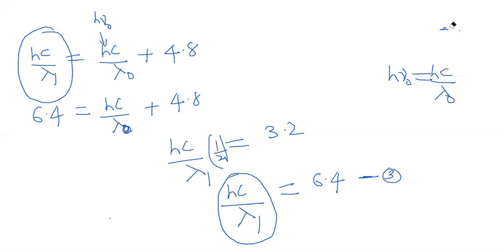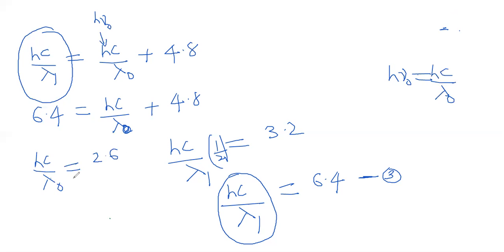So what is 6.4 minus 4.8? HC by lambda naught is equal to 2.6?